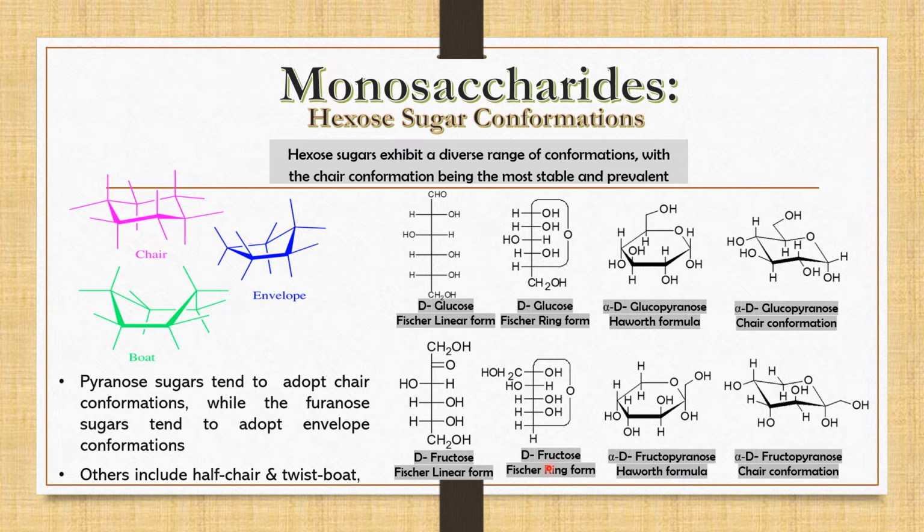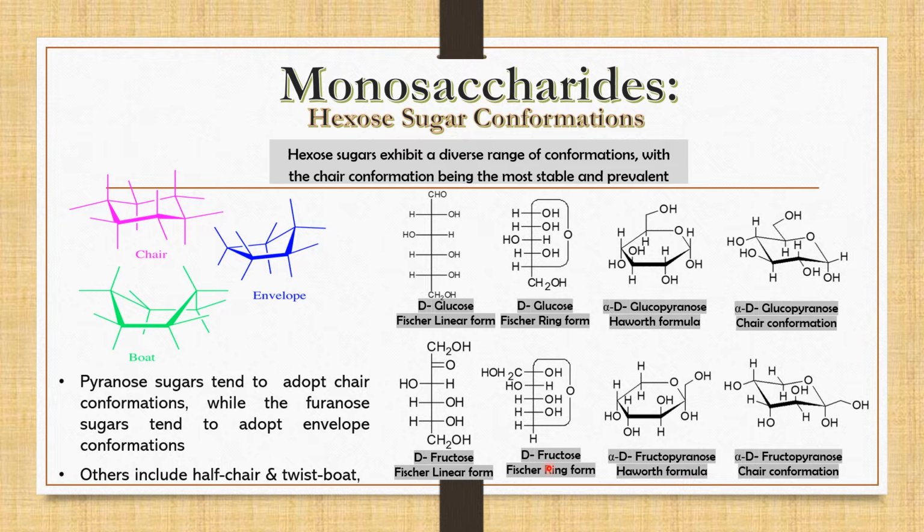Hexoses and pentoses that have converted into pyranoses or furanoses take on either chair, boat, or envelope conformations due to the tetrahedral geometry of their carbons. Pyranose rings can form either chair or boat conformations, while furanose sugars, which are less common than pyranose sugars, can adopt twist and envelope conformations.